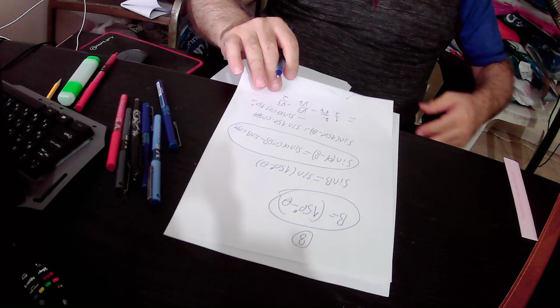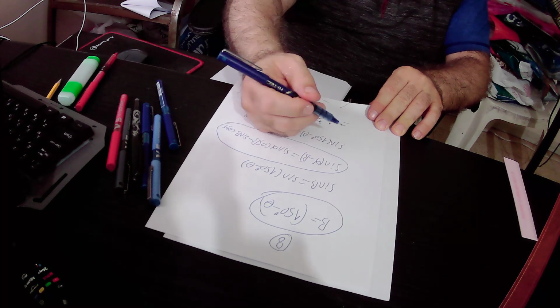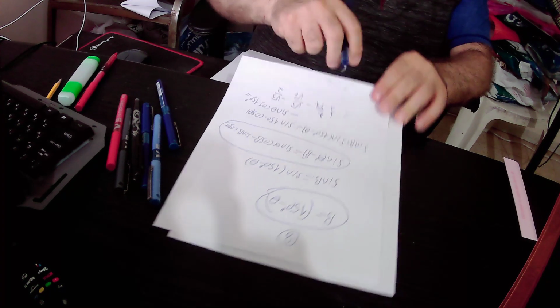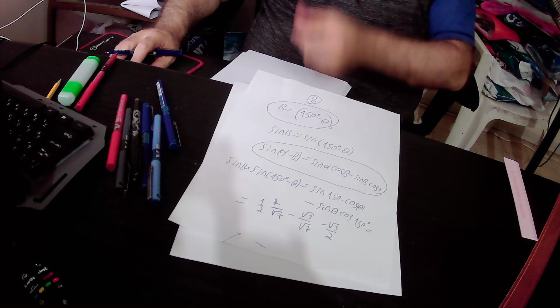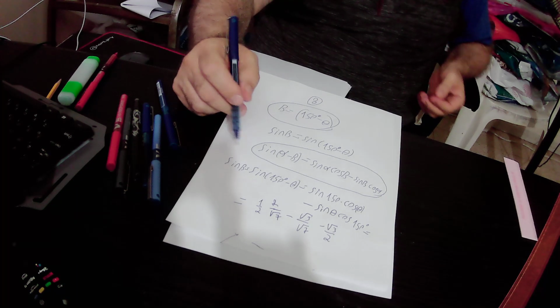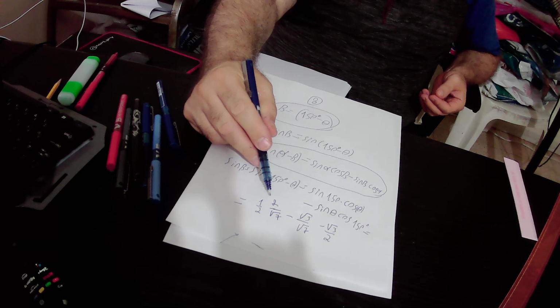So actually in total we got that sine beta equals 1 over 2 times 2 over root 7.